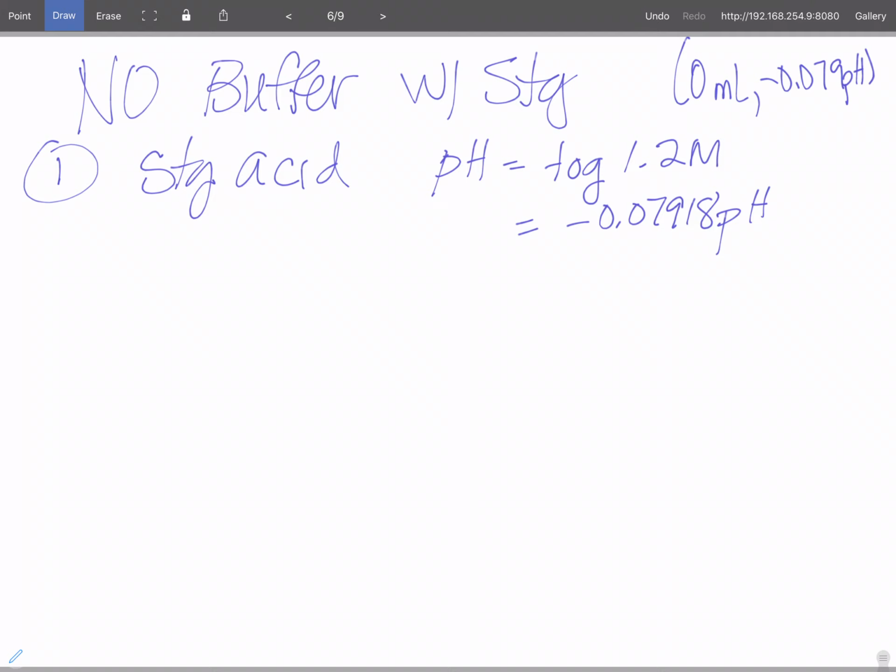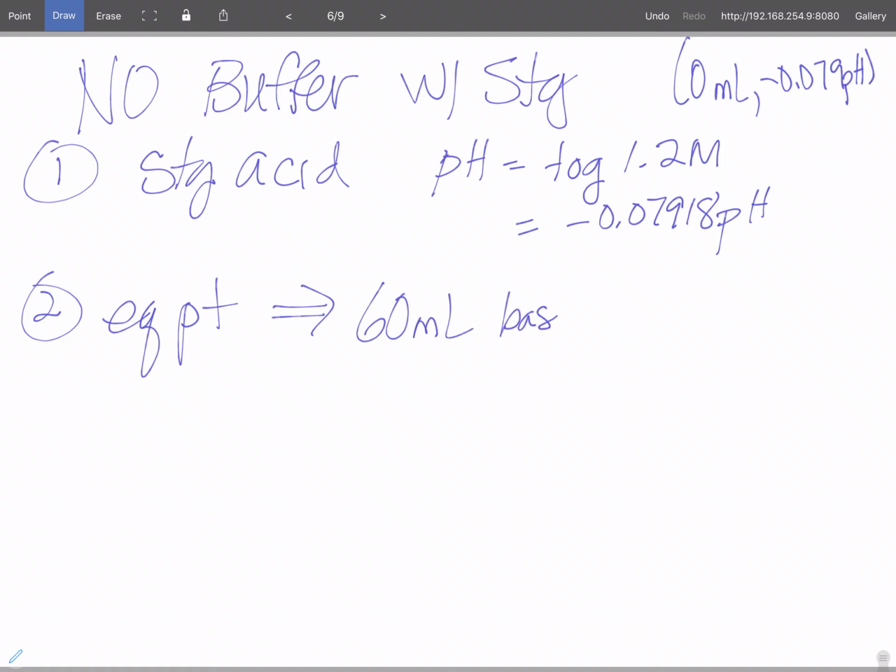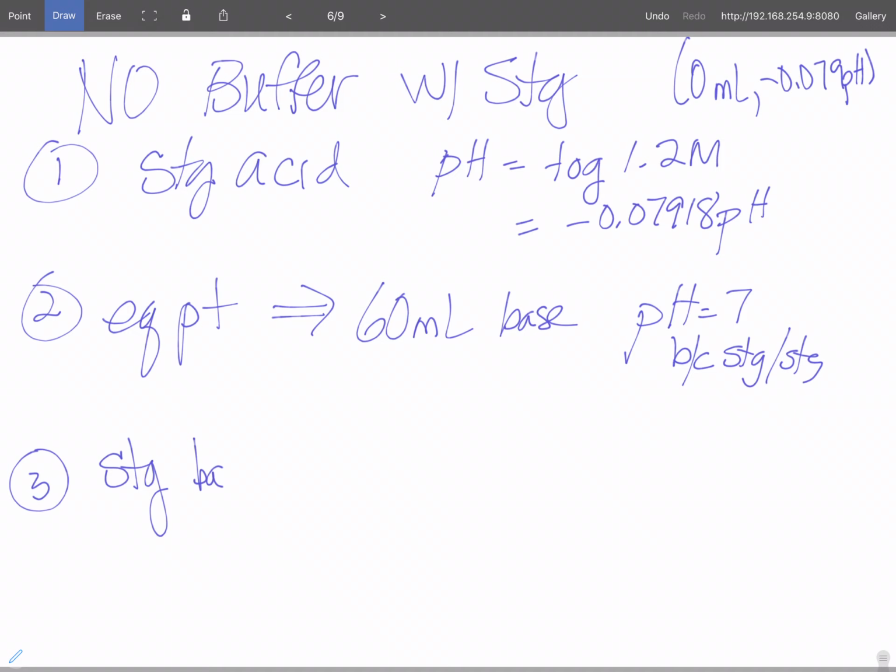Okay, that's point 1. There's no buffer zone, so point 2 is at the equivalence point. We've already calculated that it's 60 milliliters of base, and since it's strong, the pH will be 7.